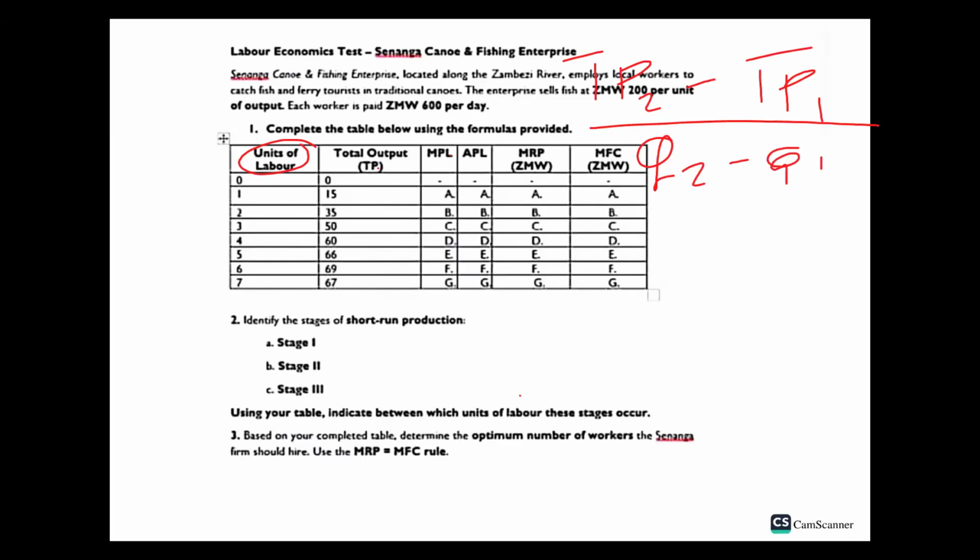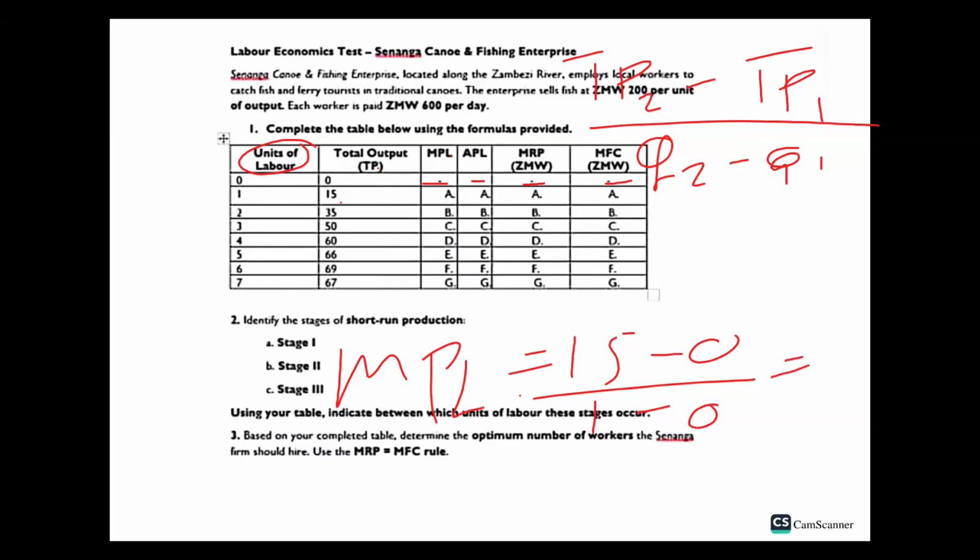So for the first one, when units were 0, there was 0 marginal product. So you take total product 15 minus the previous one, 0, divided by 1 minus 0, that is equal to 15. You're following, right? So on A, the first marginal product is 15.